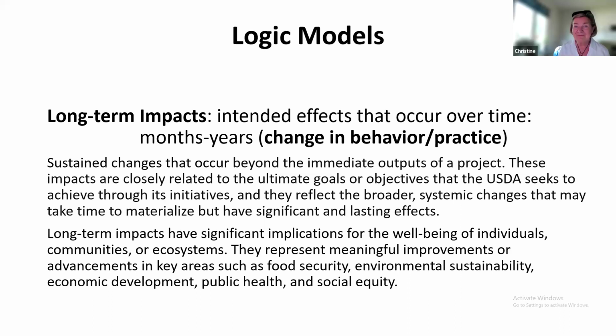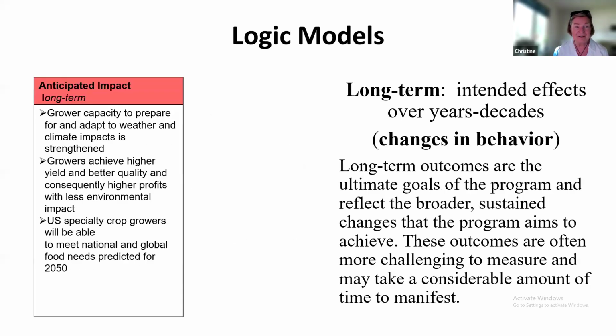You can really, depending on what kind of proposal you're writing, this will be tailored to what you want to achieve. Here, the longer term impact in my example are growers' capacity to prepare for and adapt to weather and climate impacts is strengthened, so they're better prepared for the changes that are coming.